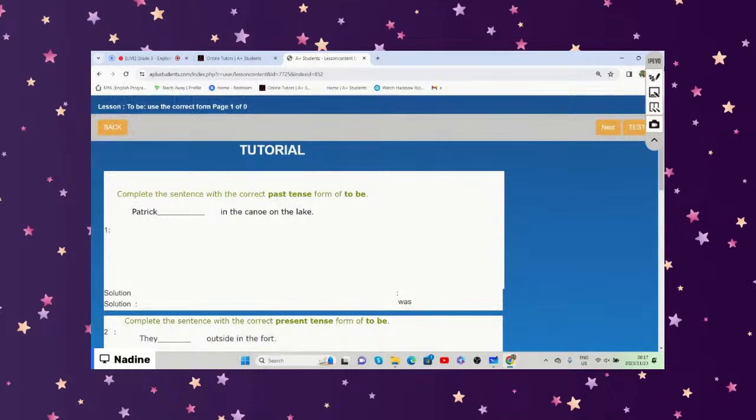So we need to now use Patrick is. Do we say Patrick is, or do we say Patrick was in the canoe on the lake? So is or was.